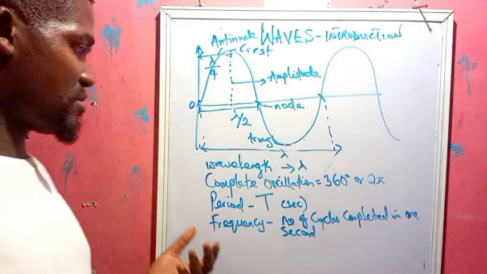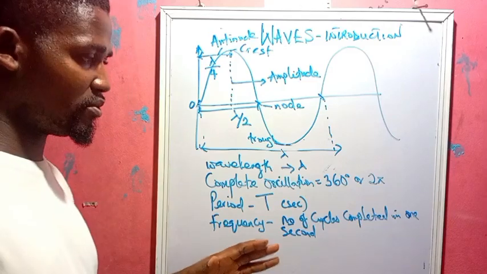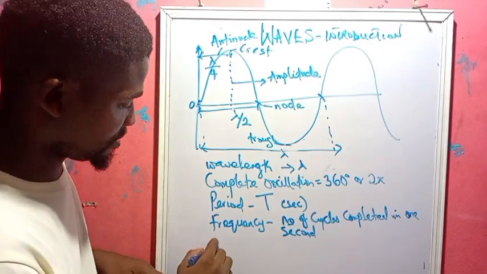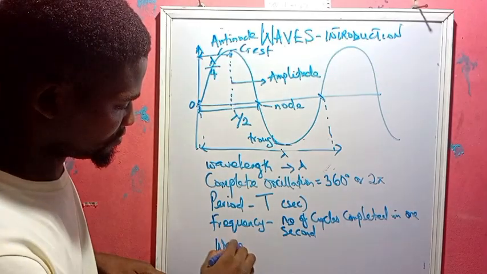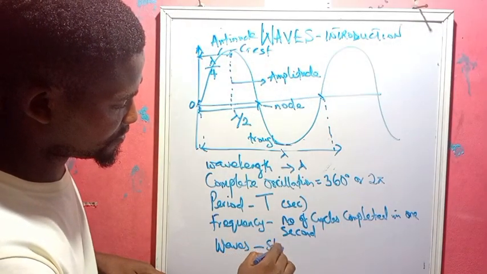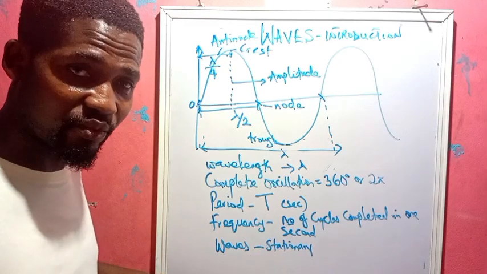Now, there exist relationships. Before we go over to that, let's just look at types of wave. A wave can be stationary, that's a non-moving wave.